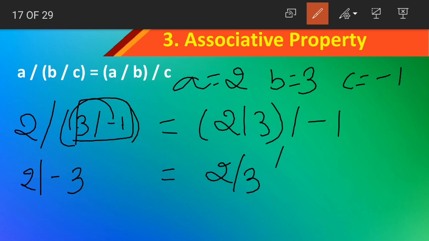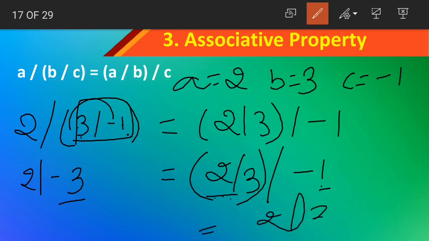Again, divided by what? Divided by minus 1. 2 by 3 whole divided by minus 1. Now, any number divided by 1 becomes the number only. Like 3 divided by 1 gave us what? 3. In the same way, 2 by 3 divided by 1 will also give us 2 by 3.